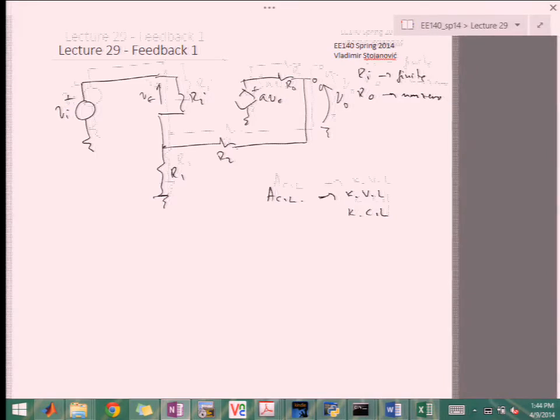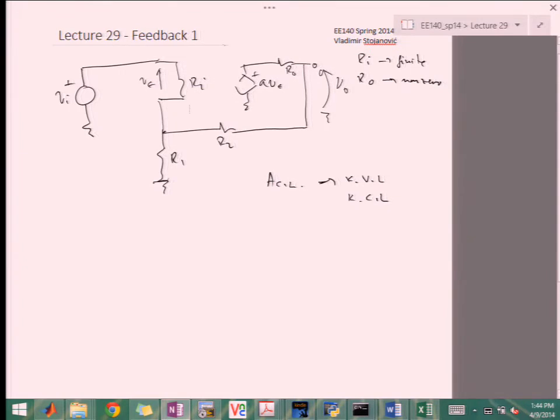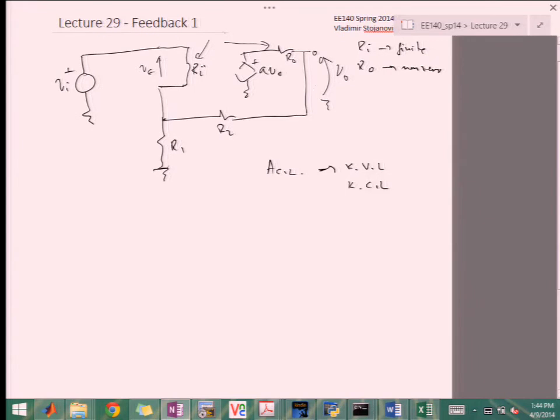But the problem is these components, Ri and R naught, are going to make the analysis significantly more difficult, because now you have an interaction, or you have a problem of defining F. If you take a look at how you feed back, this is your V feedback.